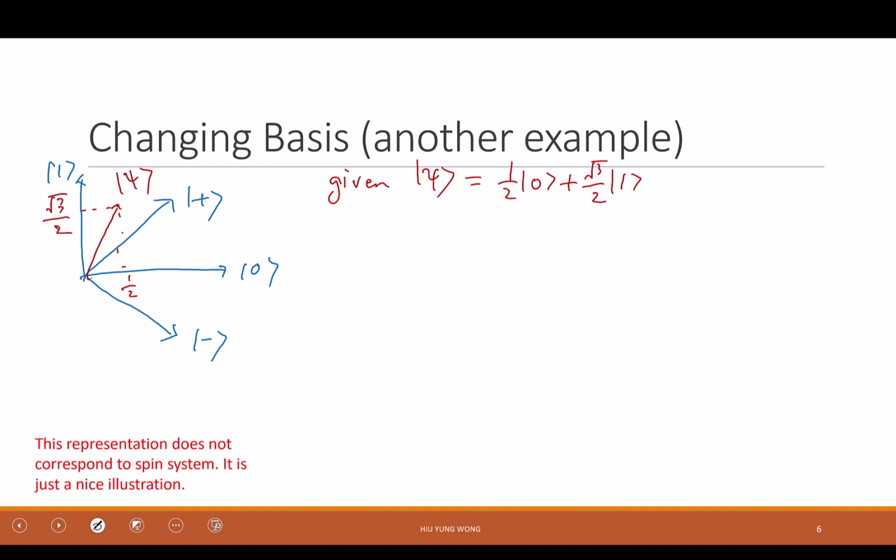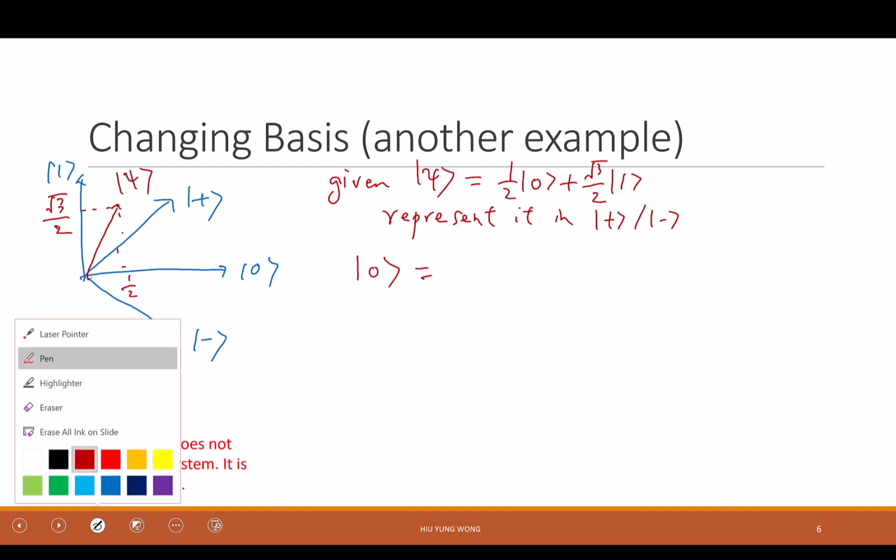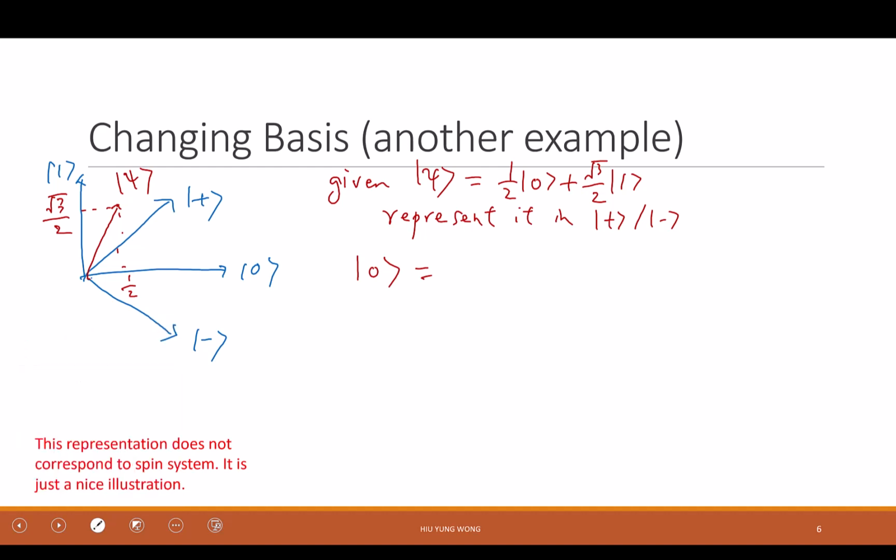I want to represent it in the plus and minus basis. Okay? An easy way is that I just need to expand 0 and 1, right, as plus and minus. Okay, so what is 0? If you look at here, right, 0, what is 0? Maybe I just use pen.